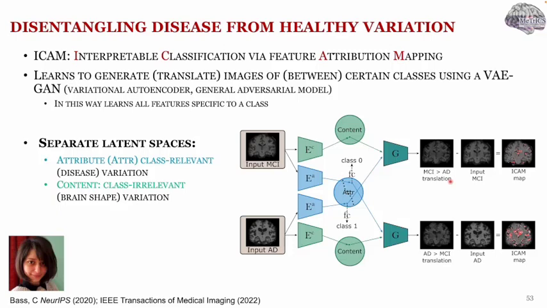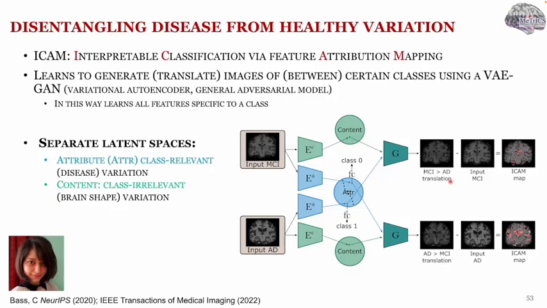Moreover, ICAM can learn to detect all features of disease within individual brains, even those from heterogeneous areas such as the cortex, because the model learns to disentangle class-relevant features of disease from the vast background of cortical shape variation that would otherwise drown it out. And it achieves this by modeling each source of variation with a completely separate latent space.